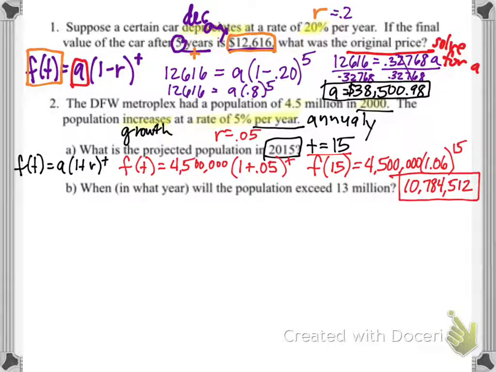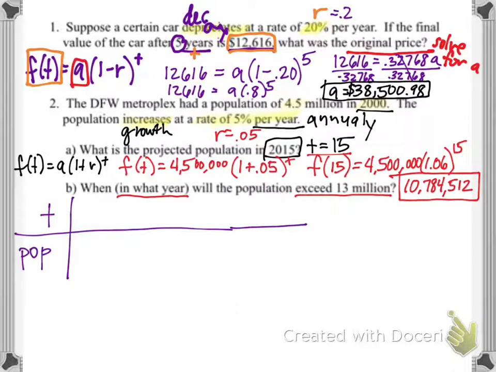Then it says, in what year will the population exceed 13 million? This is when I'm going to make my chart, with year and then population. We know that it has to be greater than 15, so I could try plugging in 16, 17. I'm just going to keep going until I end up exceeding 13 million. In 2016, you end up getting 11.4 million.